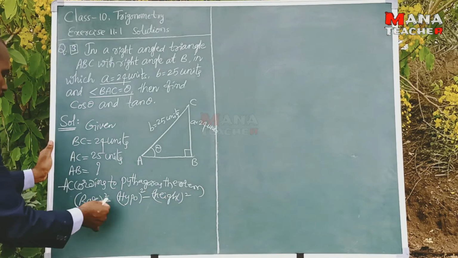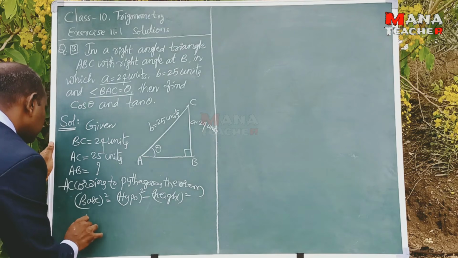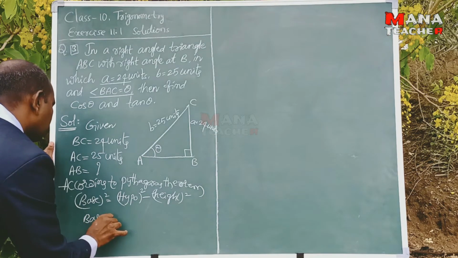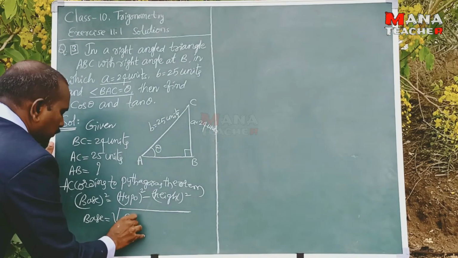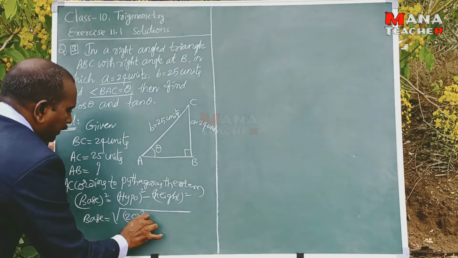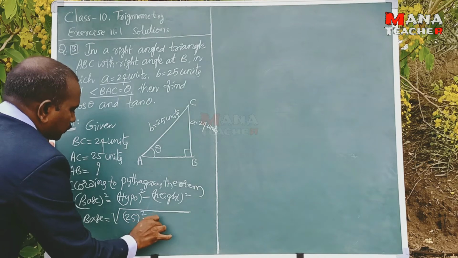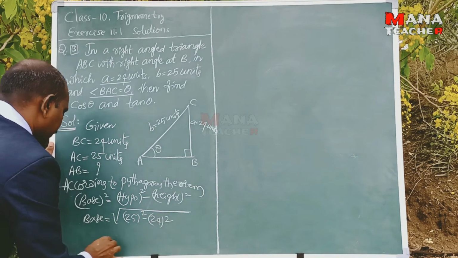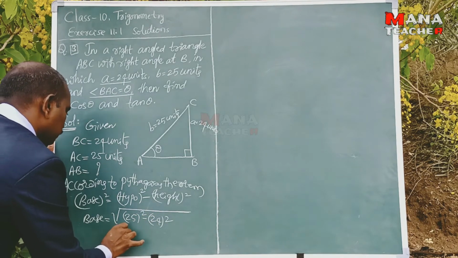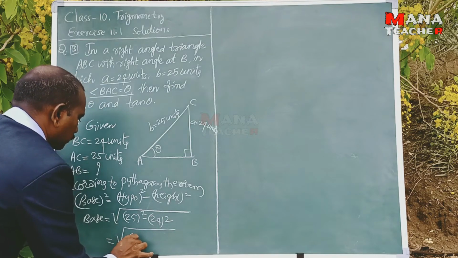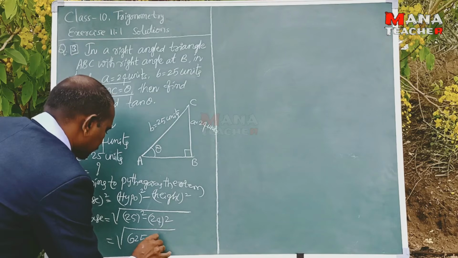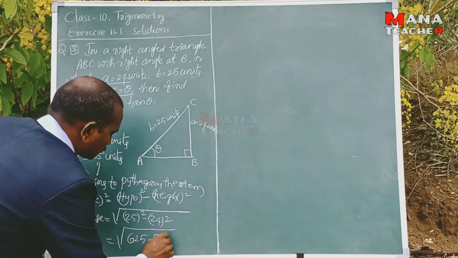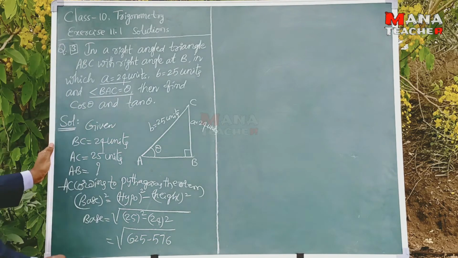Base square equals 25 whole square minus 24 whole square, which is 625 minus 576.